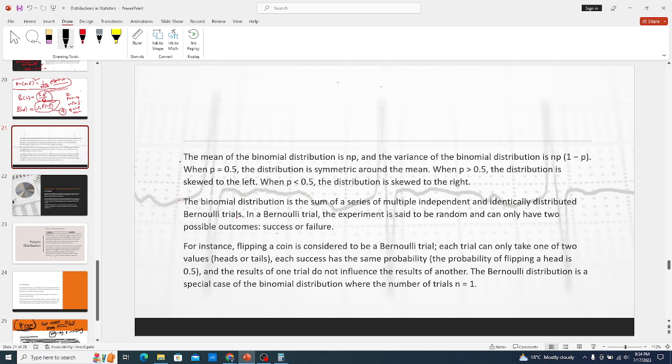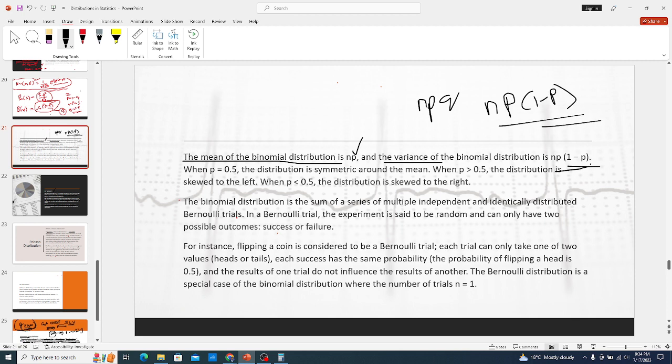So the mean of the binomial distribution is NP and the variance is NPQ. Basically NP times 1 minus P, which is presented here.